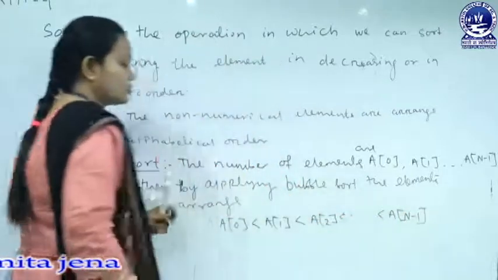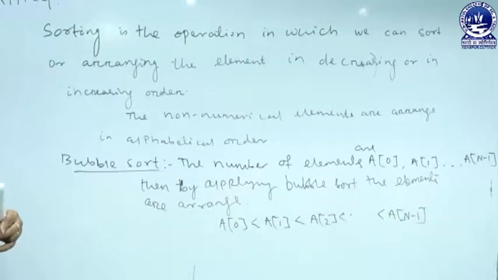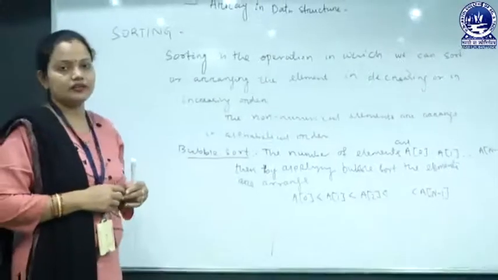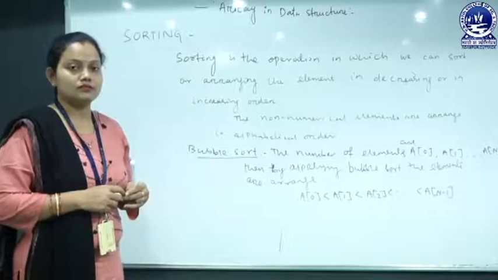So this is how we arrange the elements by using bubble sort. Let's see the algorithm, its practical execution and the function implementation of element sorting by using bubble sort.